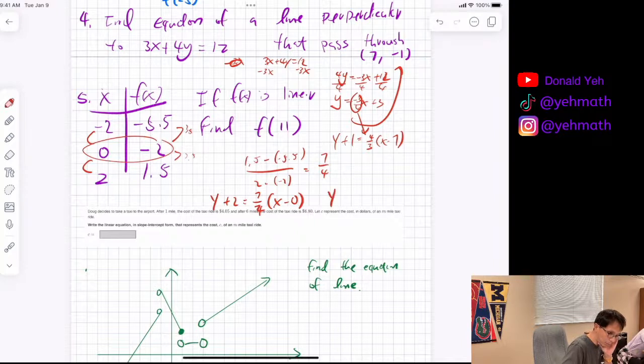So y equals 7 over 4 x minus 2. So this is f of x. Now I'm going to plug in 11: 7 over 4 times 11 minus 2. That's going to be 77 over 4 minus 2, which is 69 over 4. Is that right?